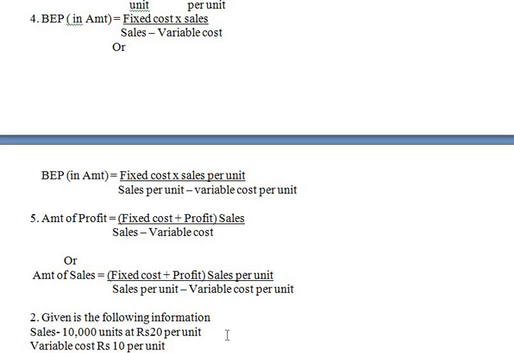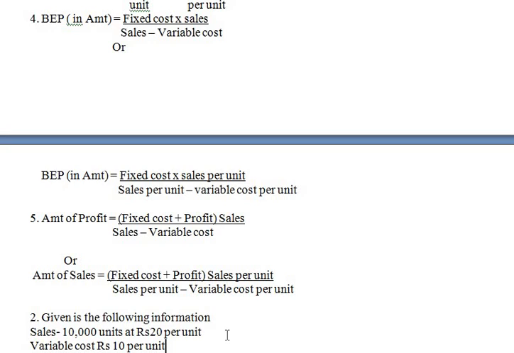or BEP in amount is equal to fixed cost into sales per unit divided by sales per unit minus variable cost per unit. If they have given amounts per unit, then this has to be applied, or else the previous one.